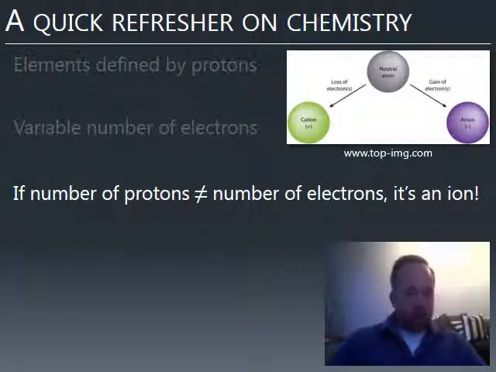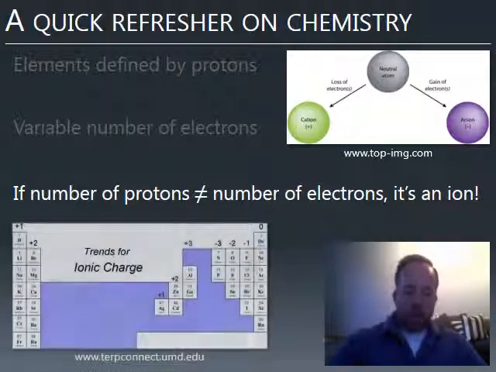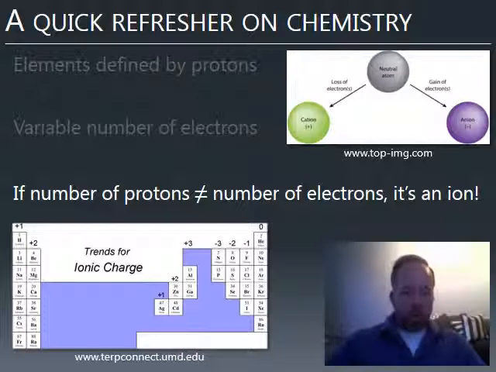If it loses electrons until it has fewer electrons than protons, then it becomes positive. Depending on what element you're talking about, there's a tendency for it to have a positive or a negative charge. We'll talk about which ions are important for today, but in essence, that's all an ion is. It's an atom that has either fewer or more electrons than it has protons. So it has a charge to it.